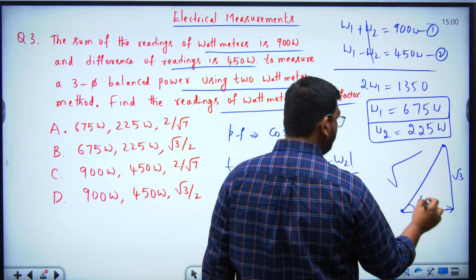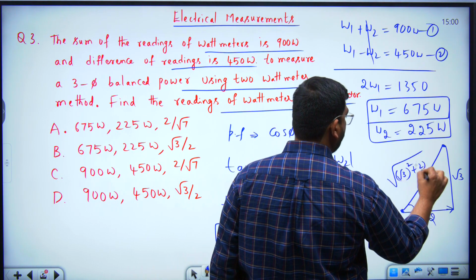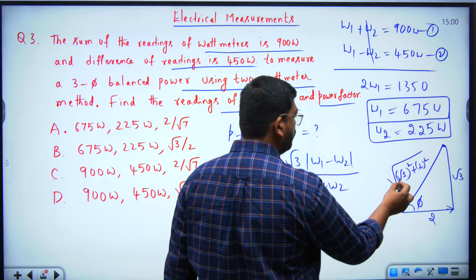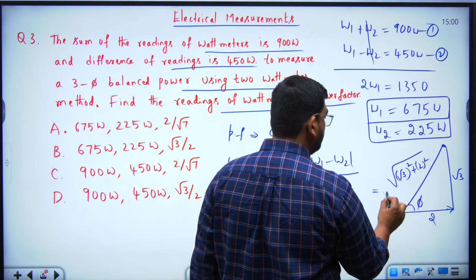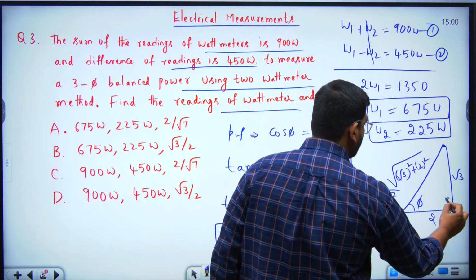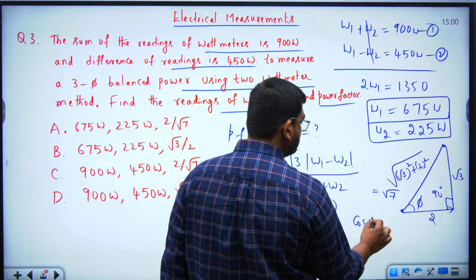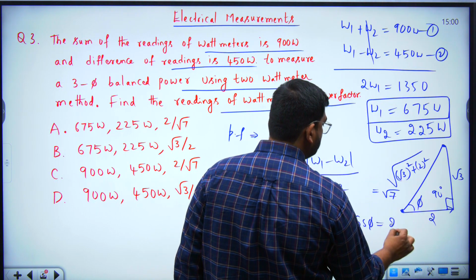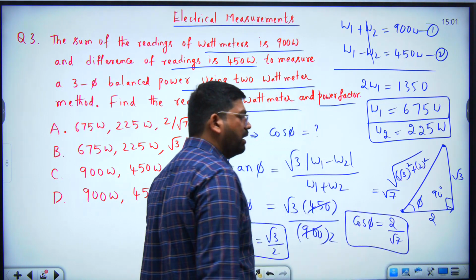The diagonal is the square root of root 3 squared plus 2 squared. Root 3 squared means 3, plus 2 squared means 4, which is equal to root 7. From the right angle triangle, what is cos phi? Cos phi is equal to 2 by root 7. So directly the power factor you can get from the right angle triangle.